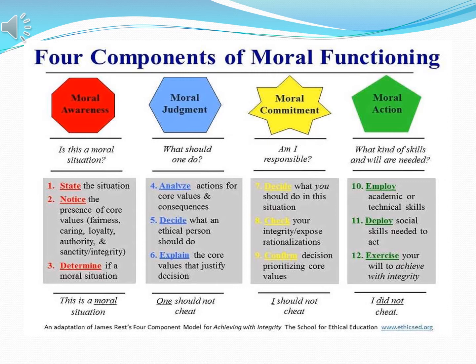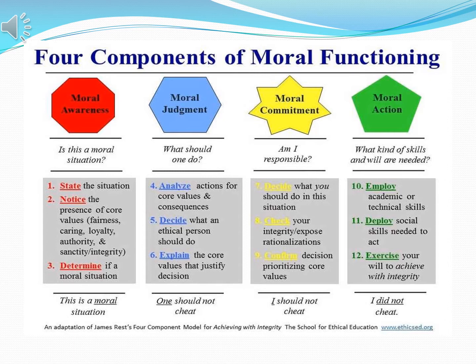Then confirm the decision prioritizing core values, and confirm that your decision is based on the right values, because it depends again upon who is making the decision, and your responsibility in taking the decision. And I should not cheat again. When you are making this decision, you shouldn't be cheating, you should be honest, and you are making the decision according to all the information you have, and ethically and morally that issue should be right according to your judgment.